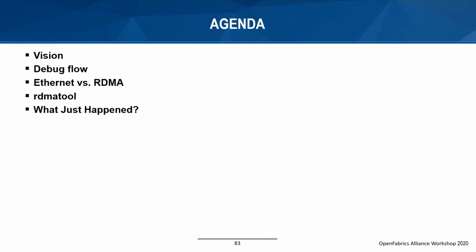And in the end, I'll speak about the RDMA tool, the tool that we are developing in the community. So everybody is welcome to contribute there. It's a part of IPRoute2 and it helps to access various RDMA information. And last, I'll talk about some new feature that we are adding called What Just Happened.